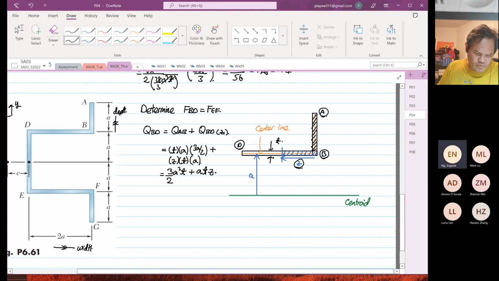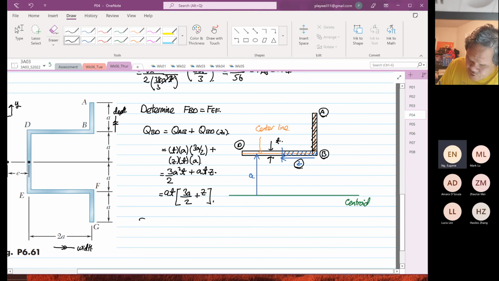Next we calculate our first moment of area. I'm going to factor out the A and the T, so it's AT multiplied by (3A/2 plus Z).